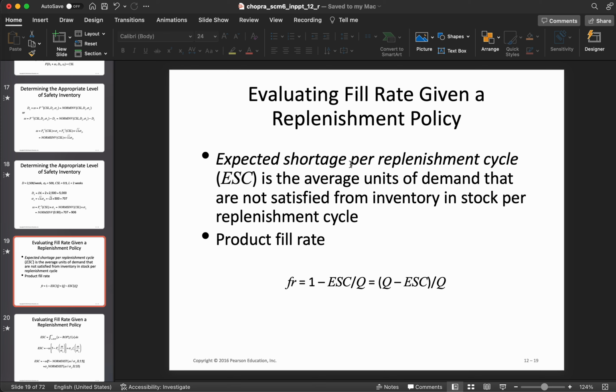That's how much we are not able to satisfy. Given an expected shortage, which is the average units of demand that are not satisfied from inventory in stock, we can calculate the product fill rate as 1 minus the expected shortage divided by your cycle inventory, Q. That's how the fill rate is calculated.